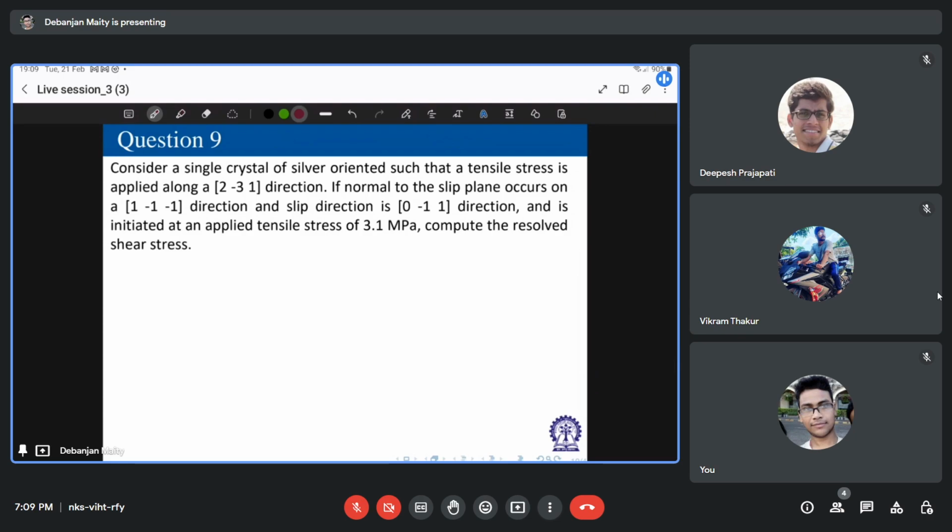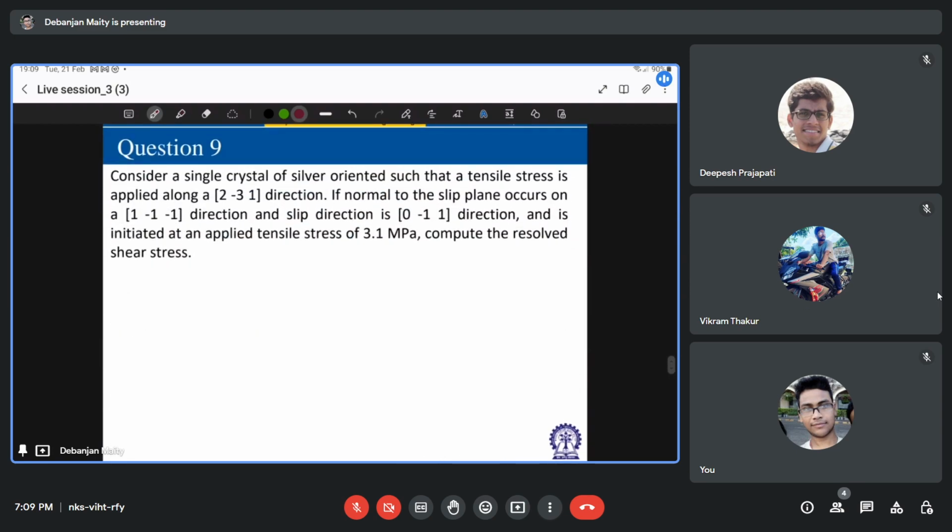So similar type of question, but kind of numerical. This was conceptual, the earlier one. Here you have this tensile stress applied along the direction 2 minus 3 1. Normal to the slip plane is provided as 1 minus 1 minus 1, and then your slip direction is also provided, this is 0 minus 1 minus 1.